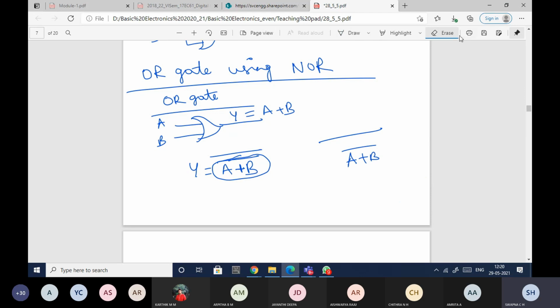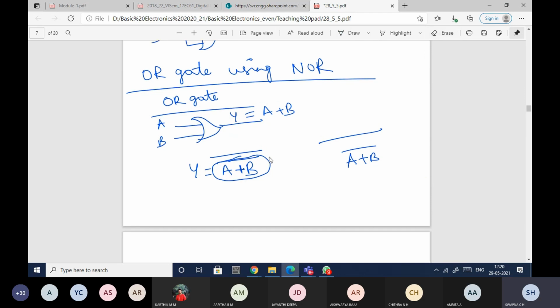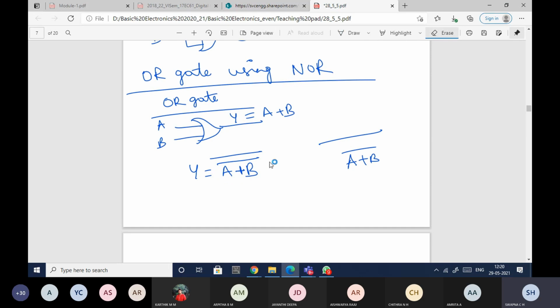So, A plus B bar: this is my A, this is my B, give it to the NOR gate so that I'll get A plus B whole bar. I need to have the complement of this again. To have the complement, I could use a NOT gate, but I cannot use a NOT gate, so I'll use the NOR gate only.